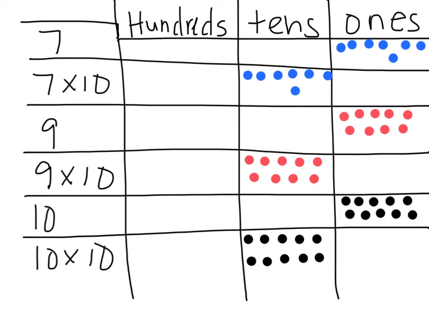When we multiply a digit by 10, it simply moves one place value to the left. So 7 becomes 70 by moving one place value to the left. 9 becomes 90 by moving one place value to the left, and 10 becomes 100 by moving one place value to the left.